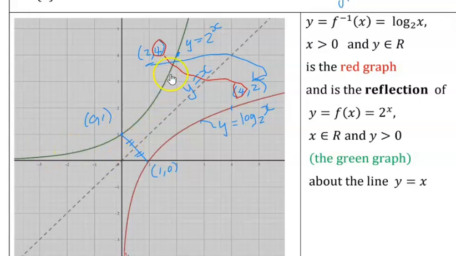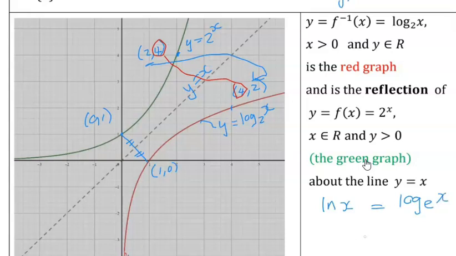The exponential function is growing very fast, but the logarithmic graph is growing slowly, but it still goes to infinity. You will encounter a lot of logarithmic functions in your first year mathematics, especially where we deal with the natural log, which is ln of x, which is log base e of x.